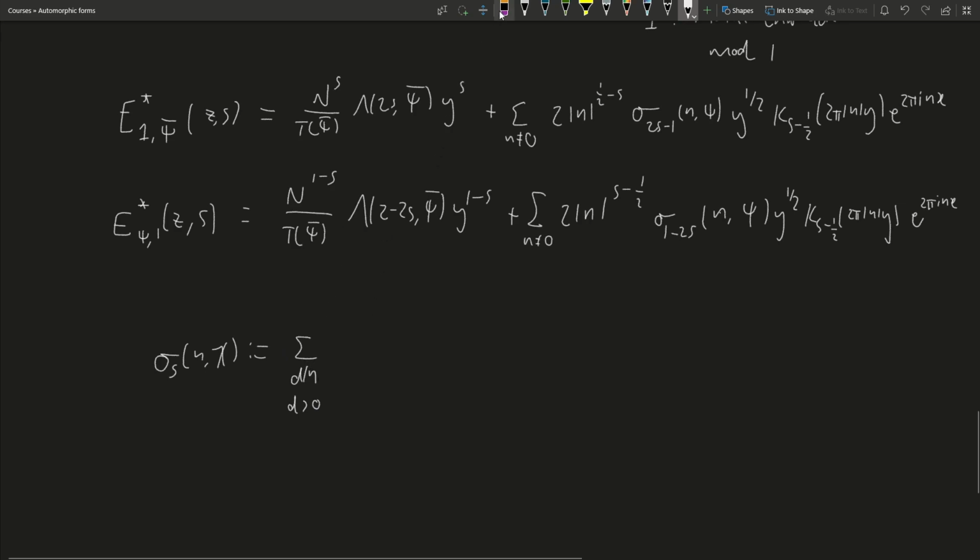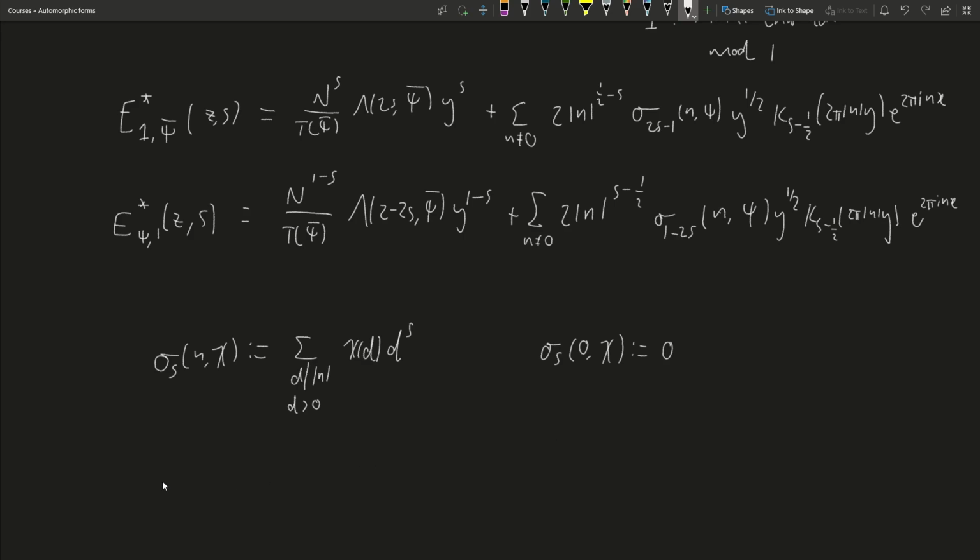Maybe I should write d divides the absolute value of n, just to allow for negative n, because of course here you do get negative n's, but I'm going to take the absolute value, and then this is chi of d to the s. I'm also going to define sigma sub s of 0, chi to be 0, just for ease. Because often you're going to have these series, and sometimes it's a little bit more convenient to not have to worry about omitting 0.